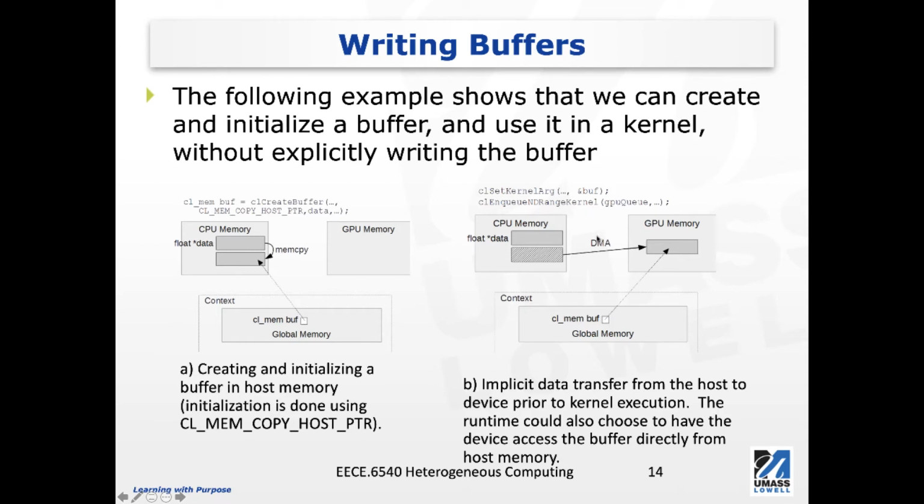So in this case, OpenCL tries to prepare the data by issuing direct memory accesses, copying the data from the host memory to the device memory. As a result, the buffer object is in fact pointing to some space in the device memory. So this implicit data transfer from the host to the device is done prior to kernel execution. The runtime can also choose to have the device access the buffer directly from the host memory.